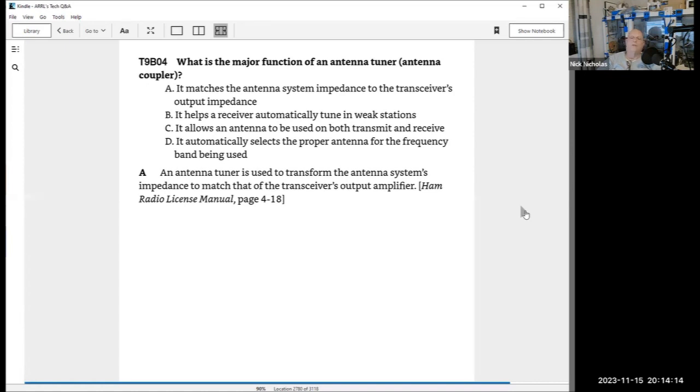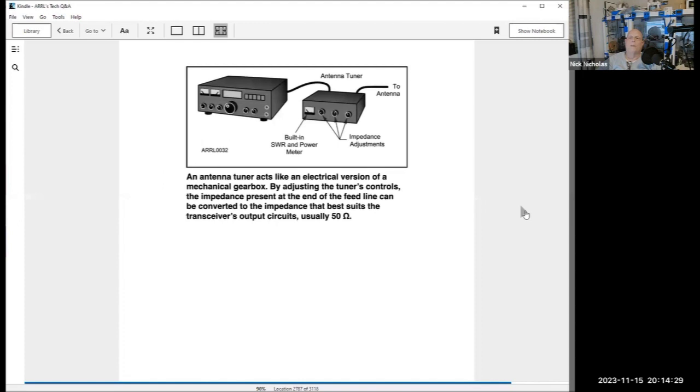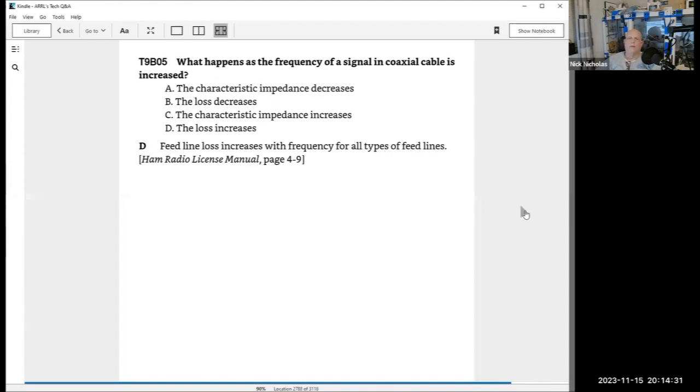It just matches the electromagnetic impedance of the transmitter to the impedance of the antenna, which is the load. And we'll skip that. That's a picture of how you hook one up. The antenna tuner goes in between the transmitter and the antenna.